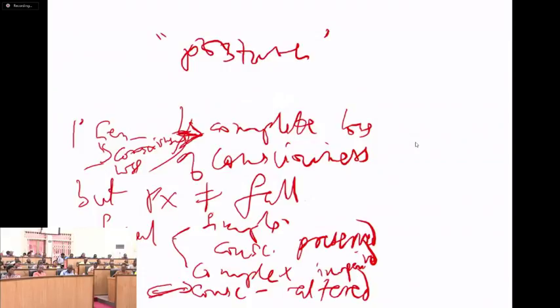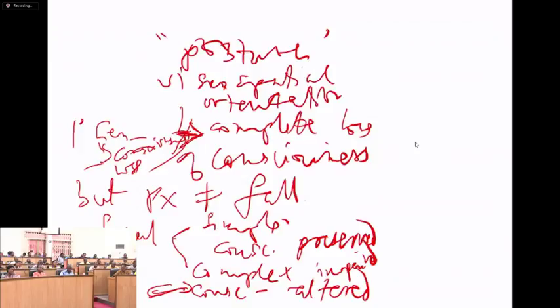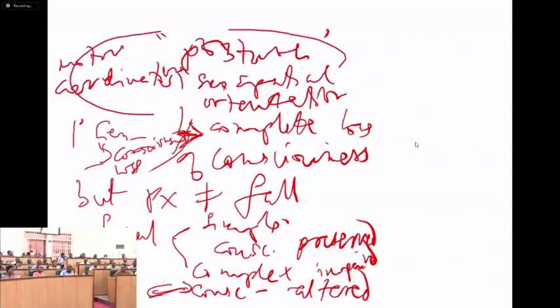And within posture, we have what we call visuospatial orientation. All of these are under the big umbrella of coordination, motor coordination. Now, if this is intact, you won't fall.